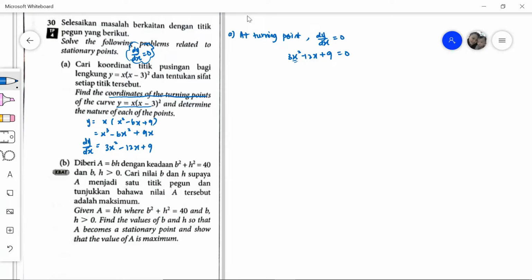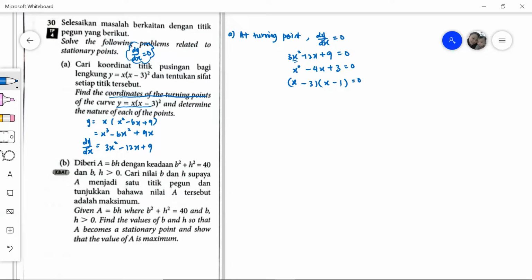So we have x squared minus 4x plus 3 equals 0. Sorry, that's a minus. When we factorize this, we have 3 and 1, both negative. Therefore, x equals 1 or x equals 3.